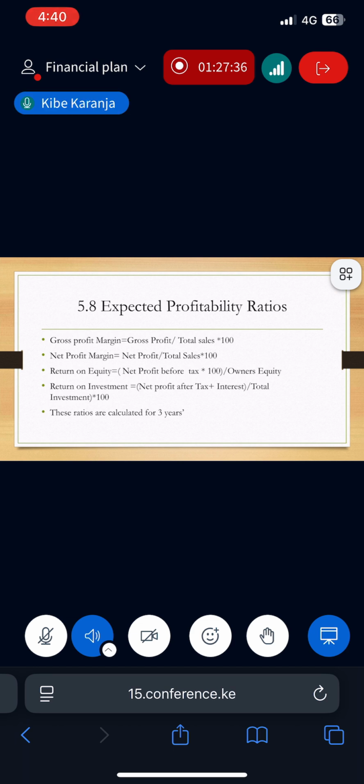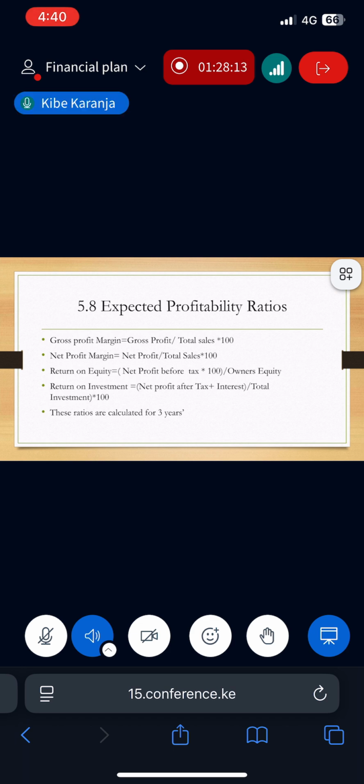Number one, the gross profit margin, which is calculated by getting gross profit divided by total sales multiplied by 100. So gross profit over total sales times 100. Then the net profit margin, which is calculated as net profit over total sales times 100. Then return on equity.